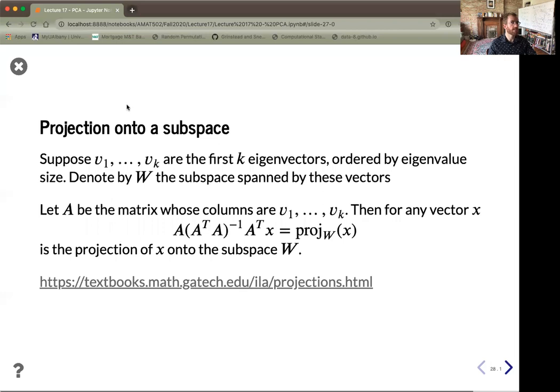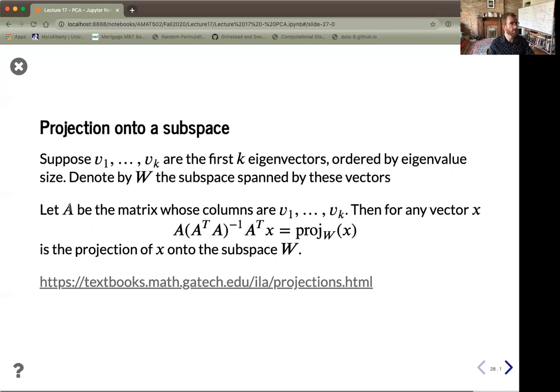As a reminder, if you want to project onto a subspace, and in this case we've got our first k eigenvectors ordered by eigenvalue size, then we can let W be the subspace spanned by these vectors. So these are our first, most prominent k eigenvectors.